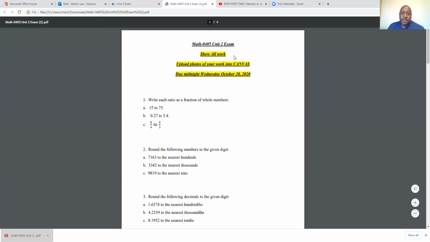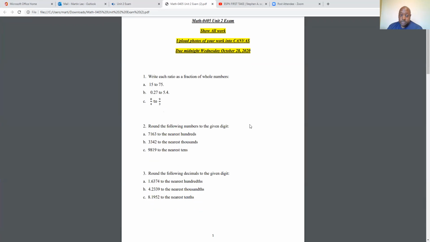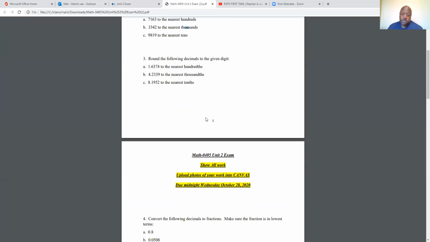At the top, just a reminder: show your work, upload the pictures once you're done, and note the due date. Number one, you're writing each ratio as a fraction of whole numbers. 2 and 3 have to do with rounding numbers to whatever place value it tells you to.